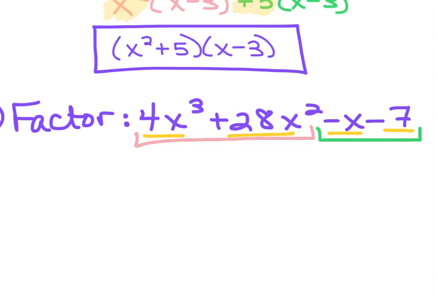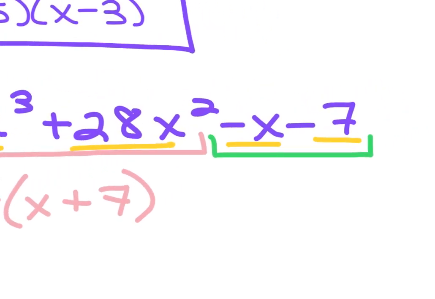So in those first 2 terms, I see that 4 divides into both and x squared divides into both. And that leaves me with x plus 7 here. And then in the 2 that I underlined in green, remember that you always want to use the sign from the very middle term, or that term at the beginning of the green part.